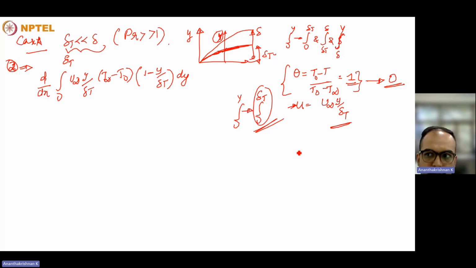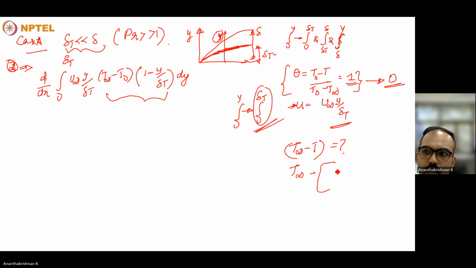So what we have to determine is T infinity minus T within the thermal boundary layer delta T. T will take the form of T0 minus y by delta T of (T0 minus T infinity).